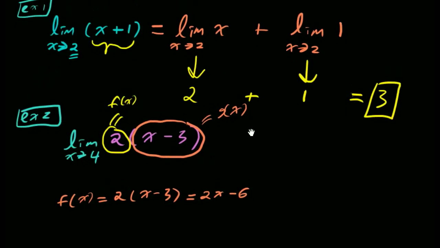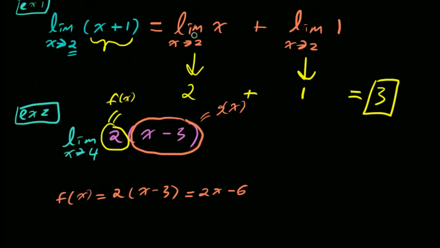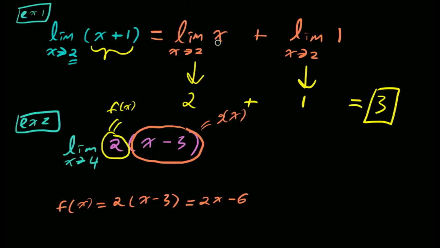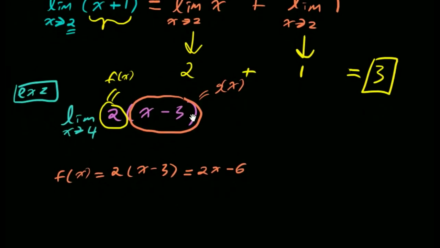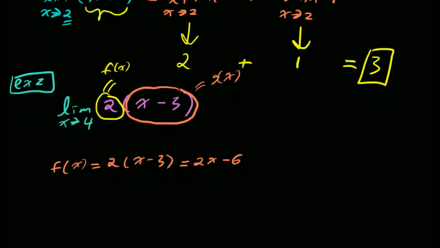And we could have evaluated the function more or less the same exact way that we evaluated our limit in example 1. But in this example, we're able to rewrite this limit of a product as the product of two separate limits.